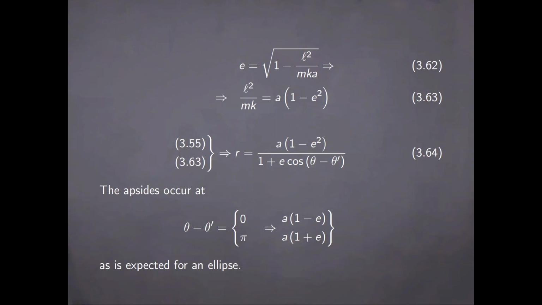And if theta minus theta prime is equal to pi, we will get a radius equal to a multiplying 1 plus e, which is just the aphelion. And these are the results expected for an ellipse.